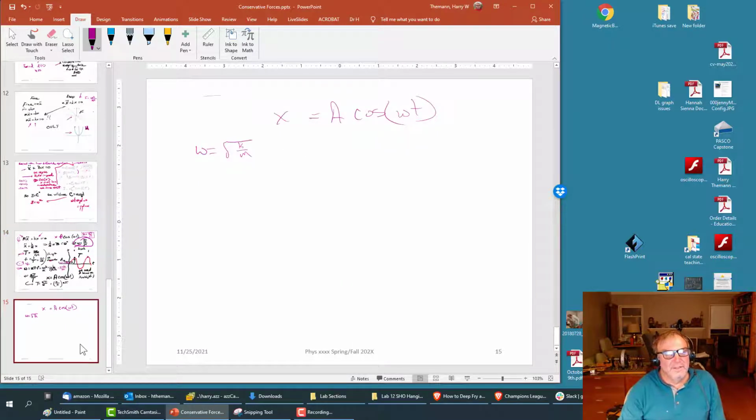And we know that omega is also equal to 2 pi over the period. So we see that period equals 2 pi over the square root of k over m, which is the same thing as 2 pi times the square root of m over k.